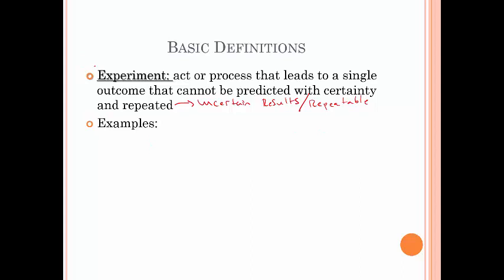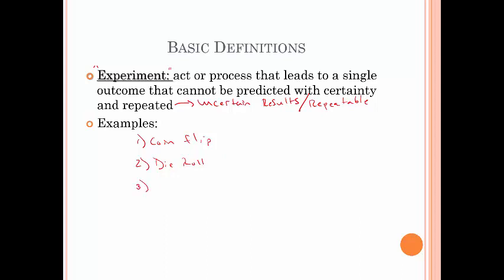So what are some examples of experiments? Well, the first one that I had here was the coin flip. I was just talking about this. You can flip a coin. It has uncertain results, but you can immediately repeat it. The second one is a die roll. You roll a die, you can get the outcomes 1, 2, 3, 4, 5, 6. Uncertain results, but I can immediately redo it again.